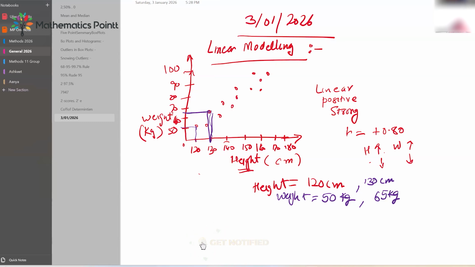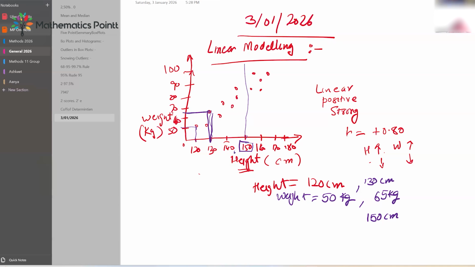Now I ask you, can you tell me if you have someone with the height 150 centimeters and can you tell me the weight? And I'll say, hang on, let me check. Sorry, I don't have any weight for a person with the height 150 centimeters. I did not find any person with that height when I was collecting my data. So I missed it.